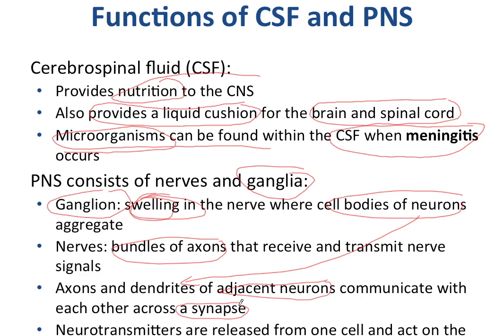So since these two neurons are connected together, they can communicate with each other through the synapse. Actually, the communication is mediated through the neurotransmitter. Neurotransmitter is released in the space of a synapse, so they can communicate with each other.